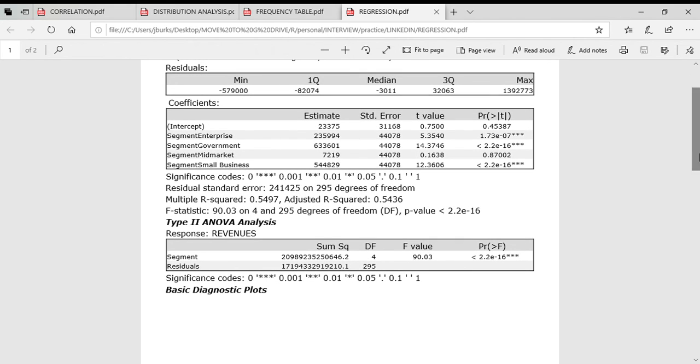And then lastly, there's an ANOVA, an analysis of the variance, and it gives you the sum of the squares, the degrees of freedom, your F value, and then the p-value associated with the F value. And again, you have a significant level. And you have your residuals, which is your actual amount minus the predictors, and the sum of the squares is taking your residuals and squaring them, and of course your degrees of freedom is just taking the n minus 1.